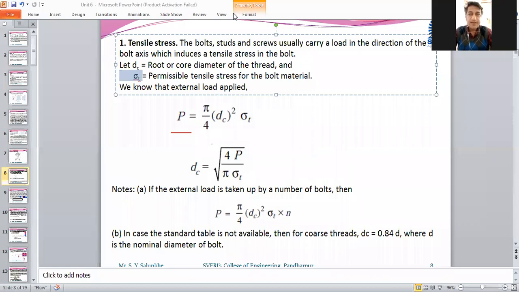So there is a more stress concentrated area. Hence we consider this.